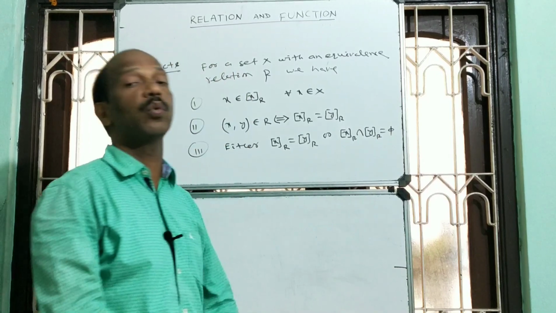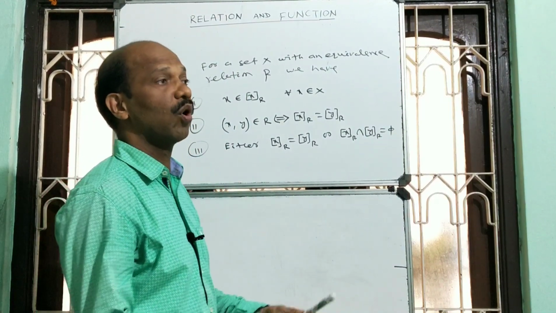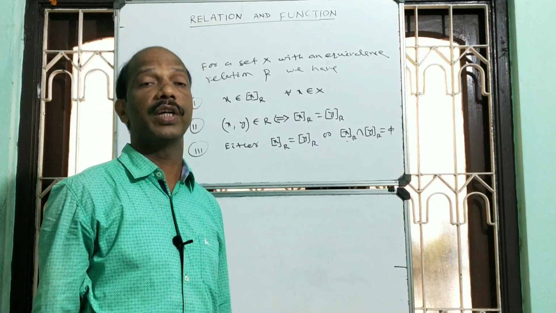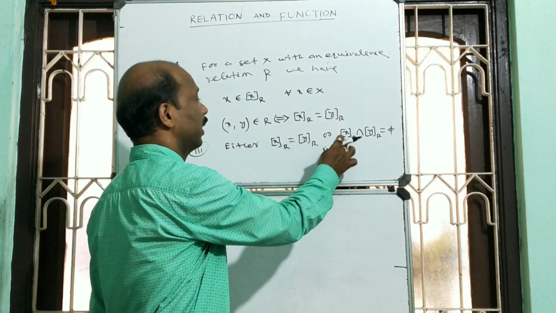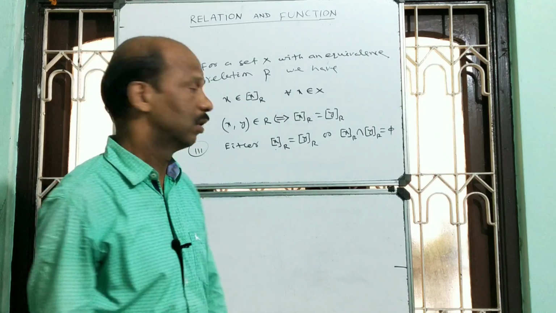That means any two equivalence classes are either equal or their intersection must be equal to phi.